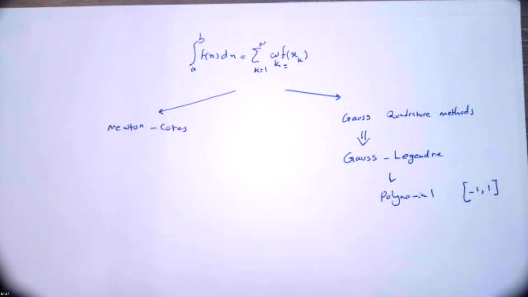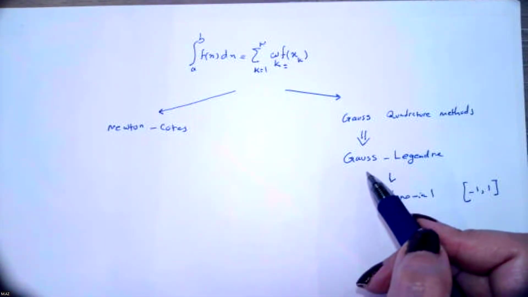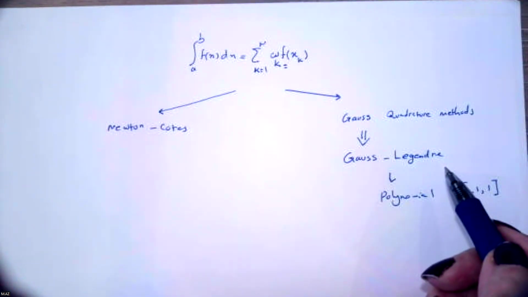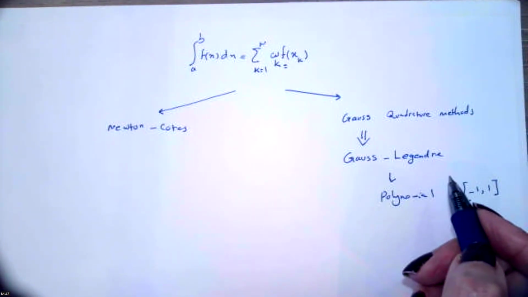And why do we say it is Gauss-Legendre? Because Gauss invented the method, and the name of Legendre is due to the fact that the locations of the quadrature points are the zeros of the Legendre polynomial functions.